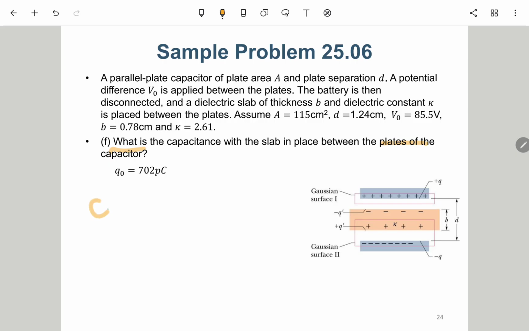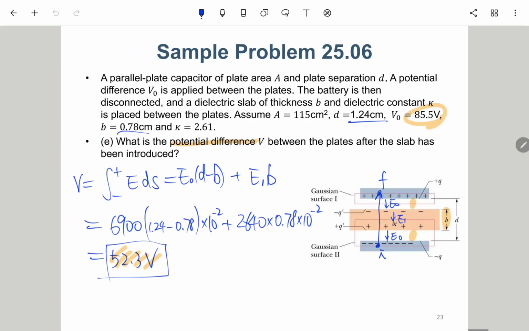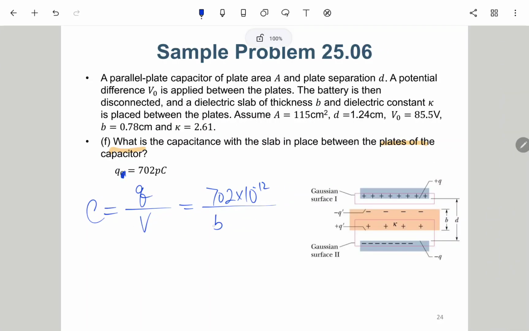C is Q over V. Q doesn't change, so 7.02 times 10 to the negative 12 over, finally, V is 52.3.